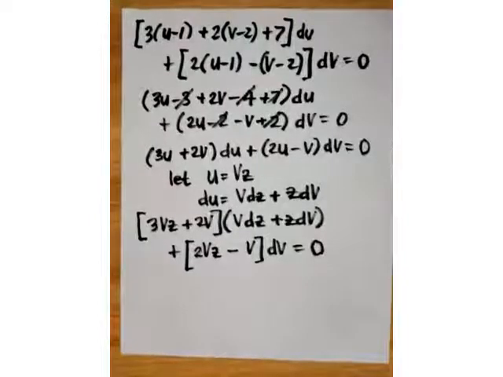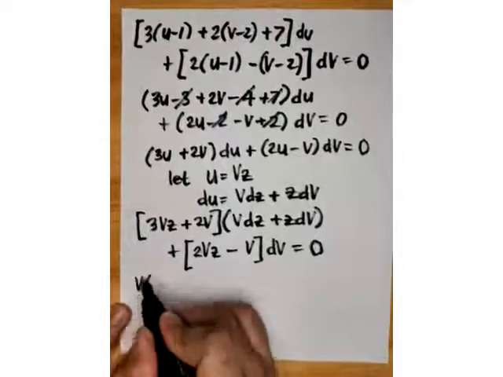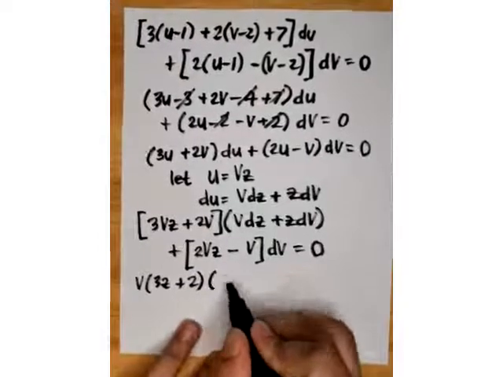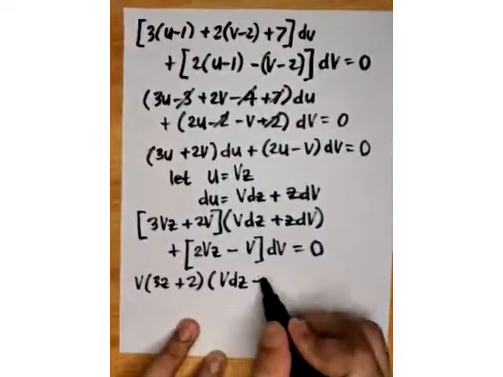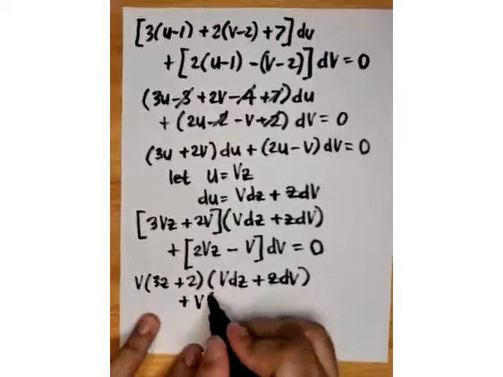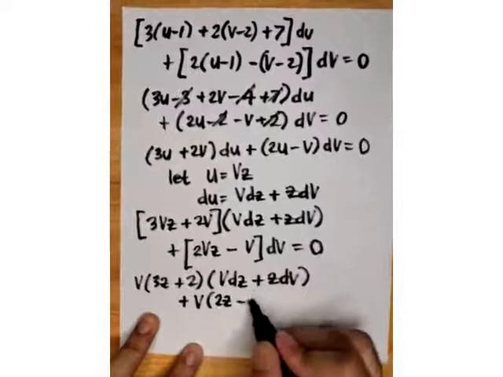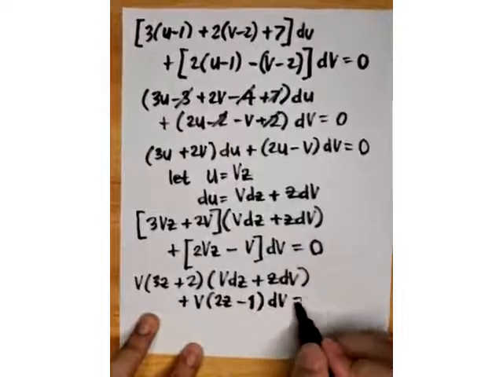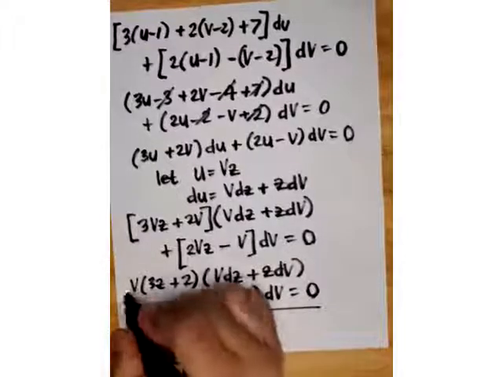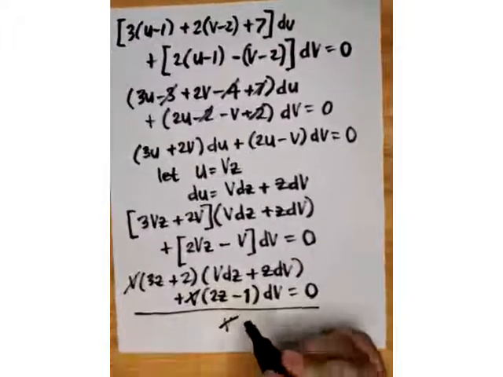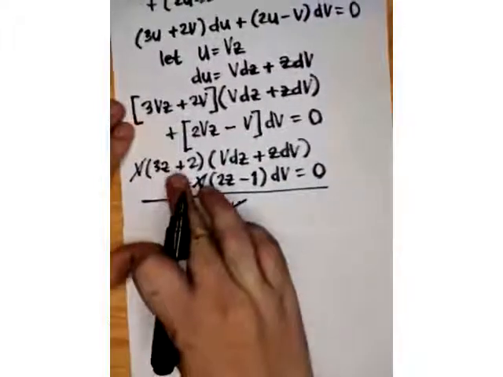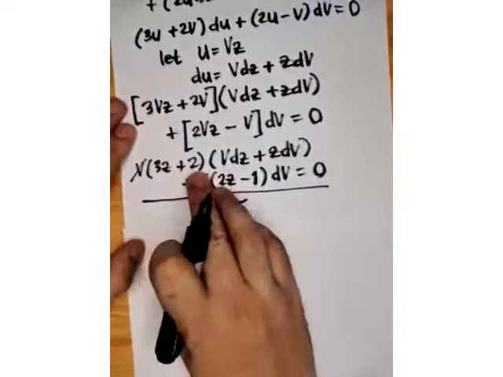Okay, let's factor out v. Quantity 3z plus 2 times v dz plus z dv plus v times 2z minus 1 dv is equal to 0. So divide the whole equation by v. Cancel. Okay? And then we distribute na yung 3z plus 2.